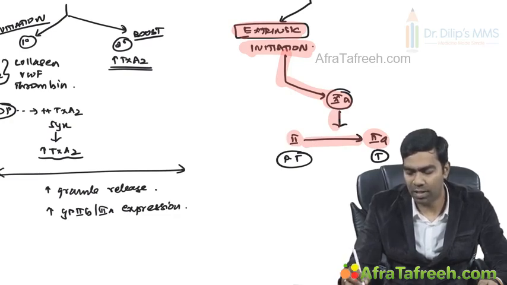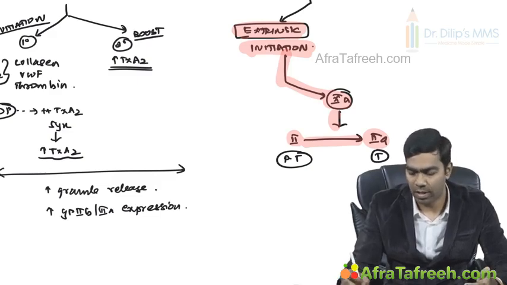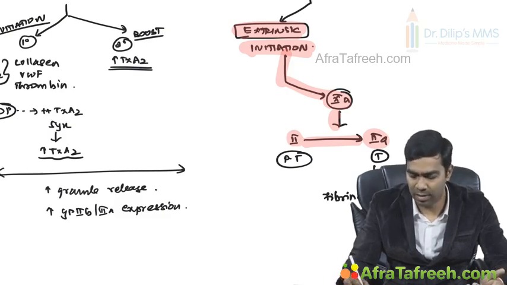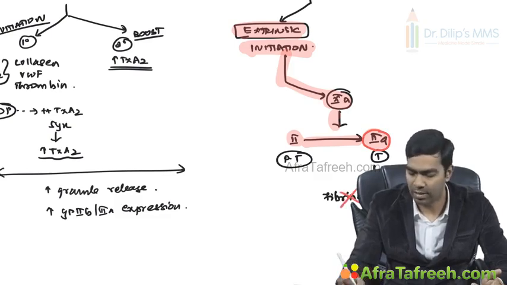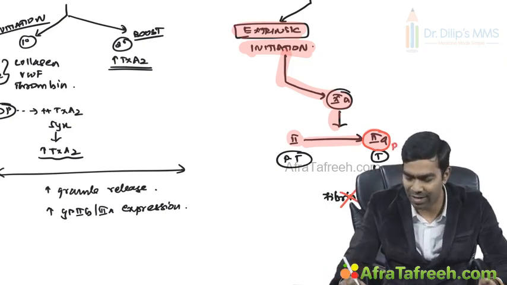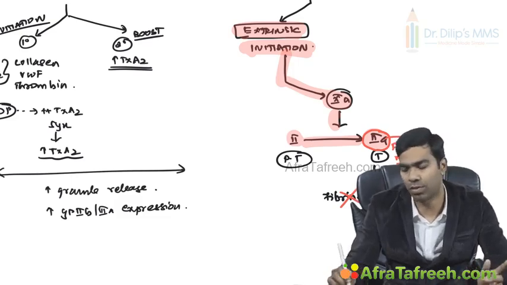Remember, the thrombin produced through this extrinsic pathway is not enough to activate fibrinogen to fibrin. This is the final step. But the thrombin produced during the extrinsic pathway is not enough, because it is produced in very, very little amounts, picomolar amounts. Very small amounts of thrombin are produced, which is never going to be enough to convert fibrinogen to fibrin.